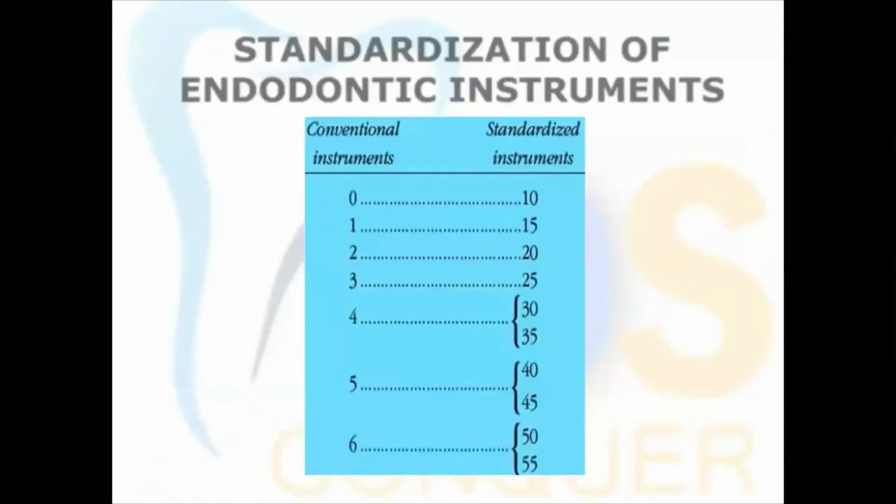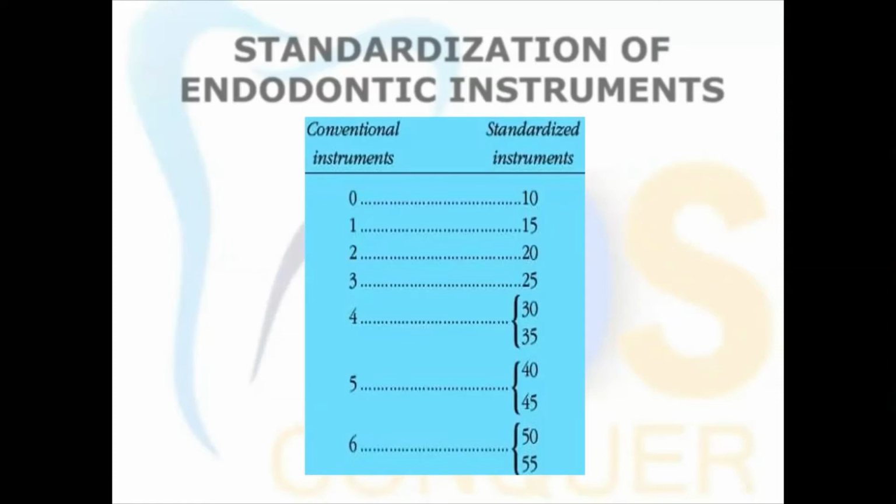And this is the most important aspect in the endodontic instrument, from where even numericals can be asked in your entrance examination. So why was standardization of instruments proposed? At one point of time in history, manufacturers prepared instruments according to their own will.